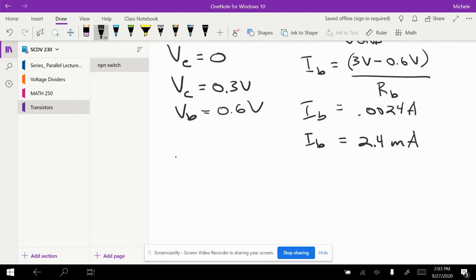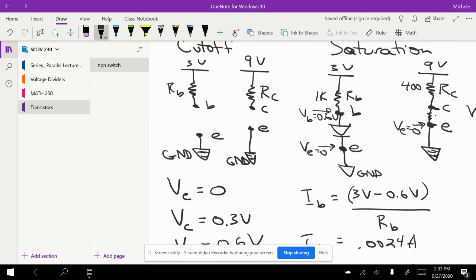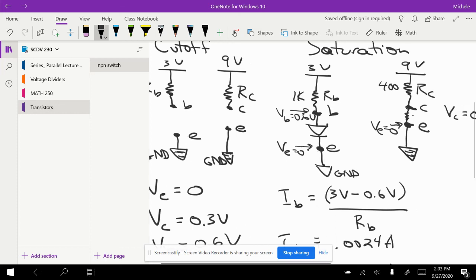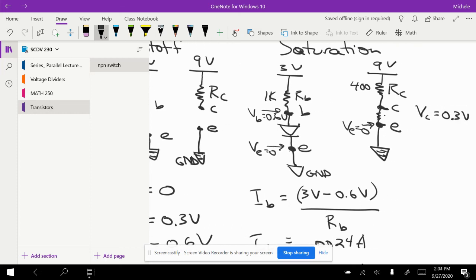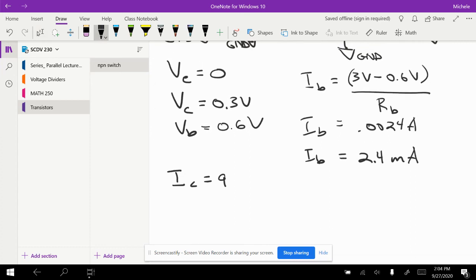Okay, well, what about IC? So IC is equal to, looking back at my circuit, I'm losing 0.3 volts. So I'm going to do 9 minus the 0.3 volts that are used between C and E, and then divide that by 400. So 8.7 divided by 400.